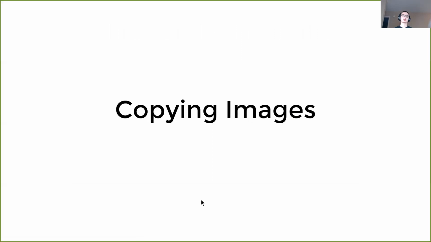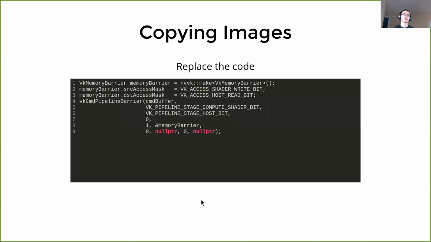Then the next part is copying the image. But before copying the image, we need the image memory barrier again. So we need this memory barrier where the source is the shader write, and then we need to transition the image into the host read.